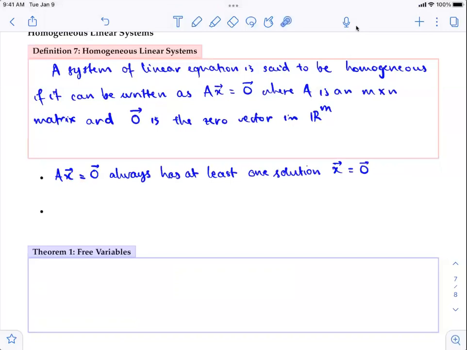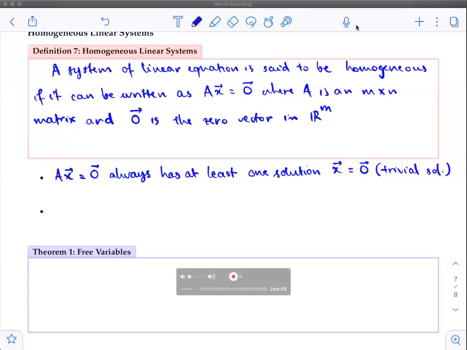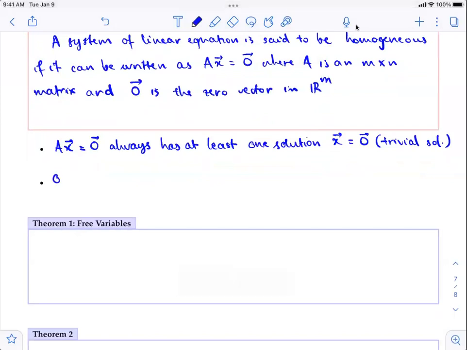So vector x is equal to vector 0, and this type of solution is called the trivial solution.